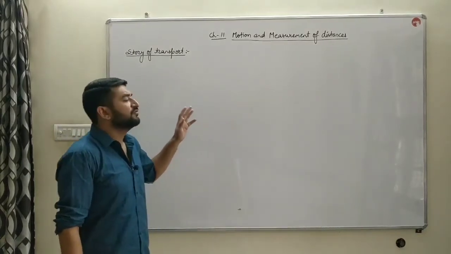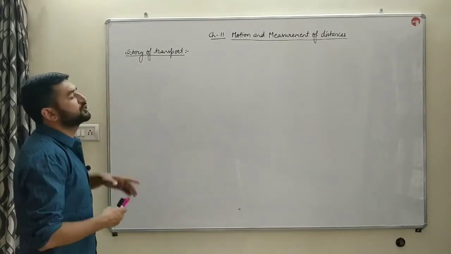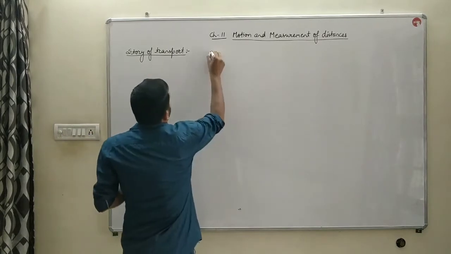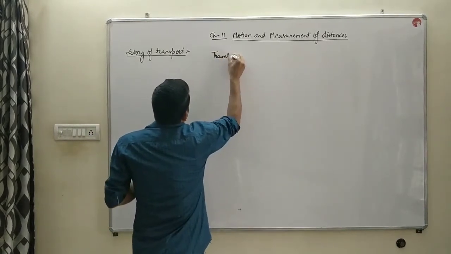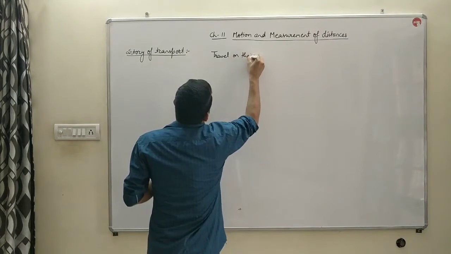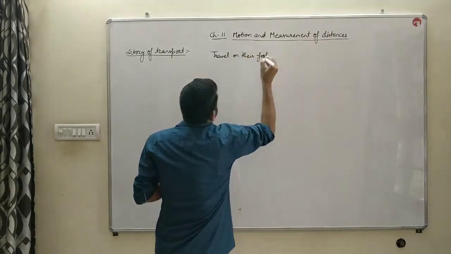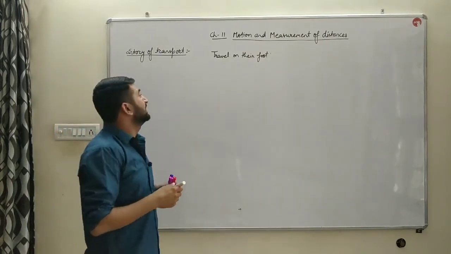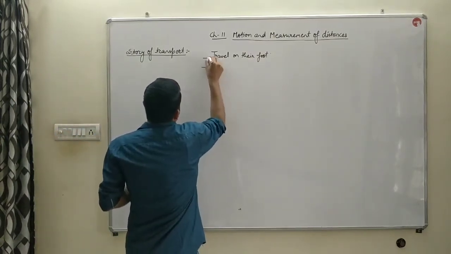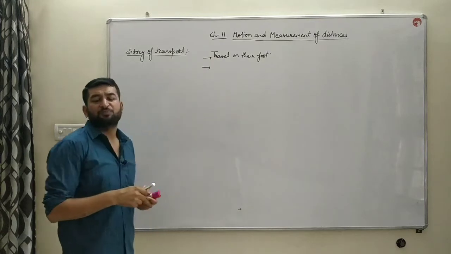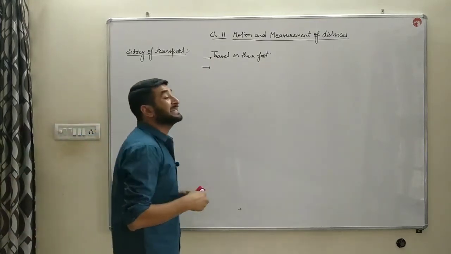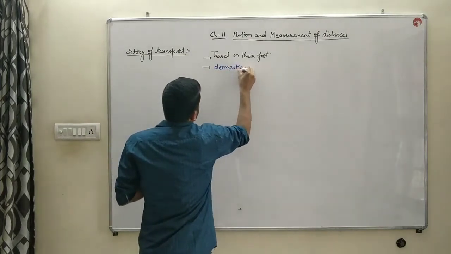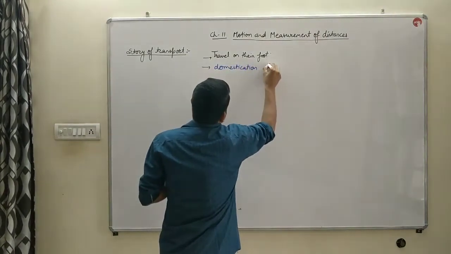But before that, we first study the story of transport. At first, people used to travel on their feet. Then after that, people domesticated animals.